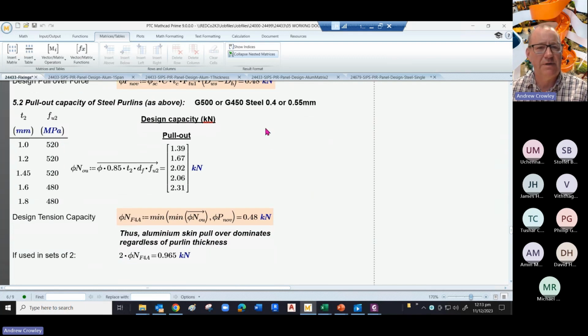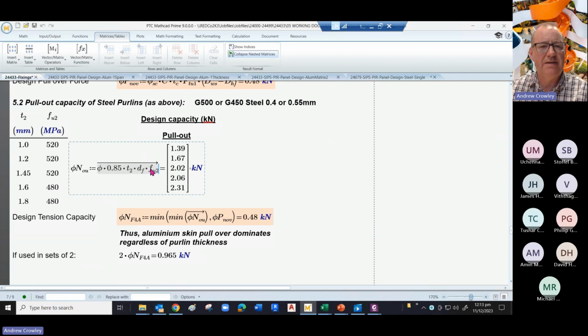The pull out, well, that's pulled down from before, and that's not dominating there, but for various thickness, here is another table. So you've got thicknesses here from 1 millimeter to 1.8 millimeters with the ongoing tensile strength as 520 or 480, depending on the thickness.